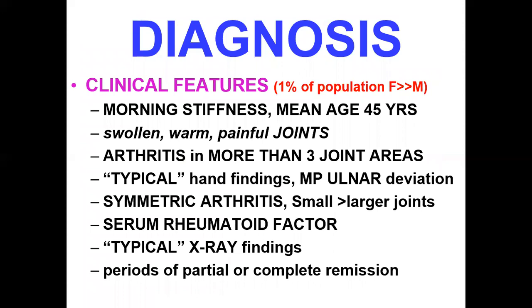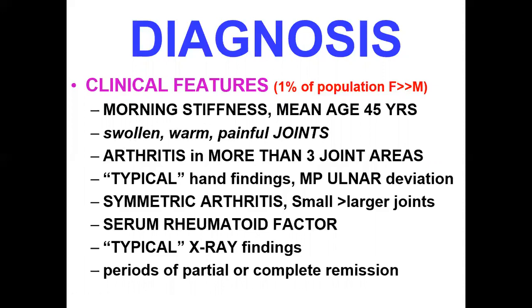So how do we diagnose a case of rheumatoid arthritis? Clinical features plus serologic features and X-rays of the affected joints. Clinically, patients present with morning stiffness of the affected joints, and the involvement of joints is symmetric.